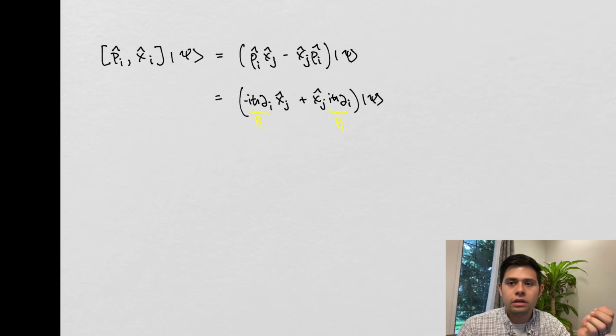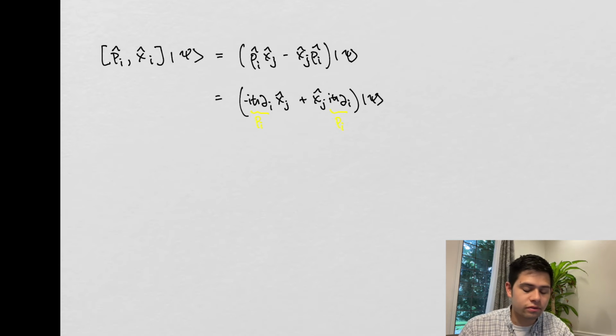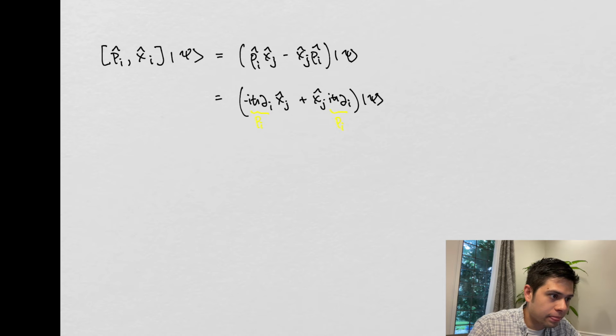So the momentum corresponds to taking a spatial derivative of your state. The position corresponds to multiplying your state by some position value, just x, right?